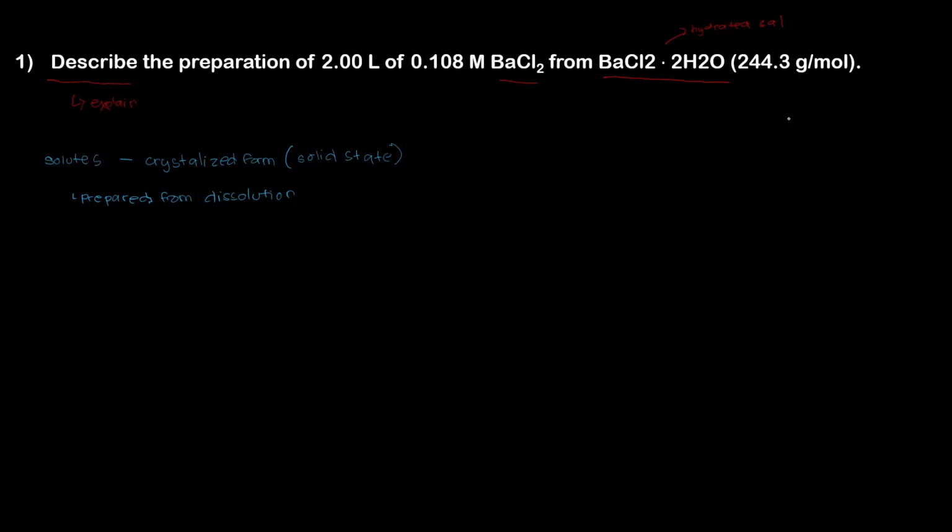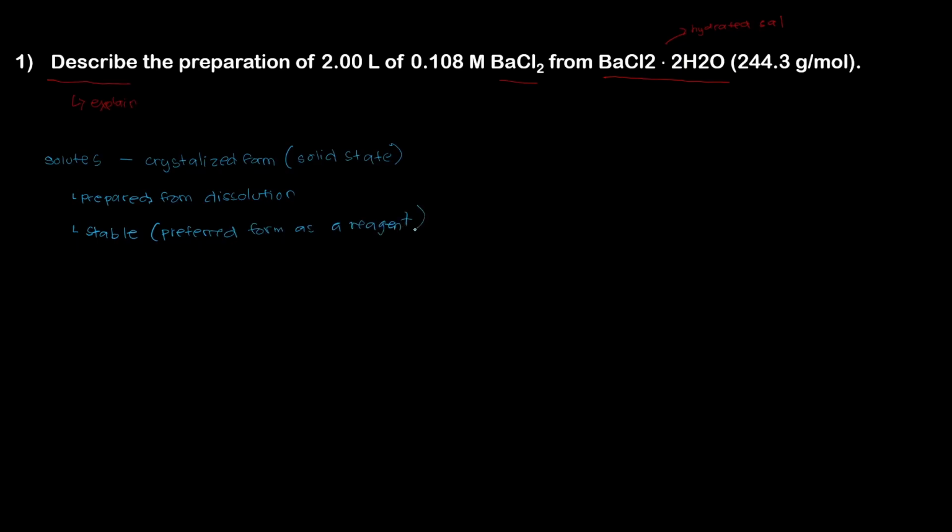This hydrated salt form of BaCl2 is usually the most stable form and thus preferred when making a reagent, okay? Preferred form as a reagent.